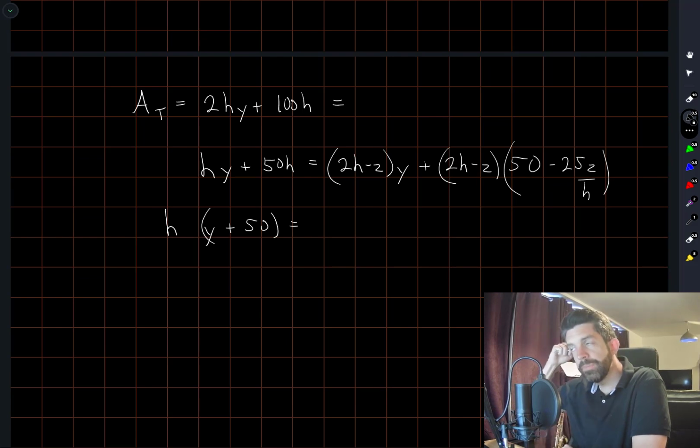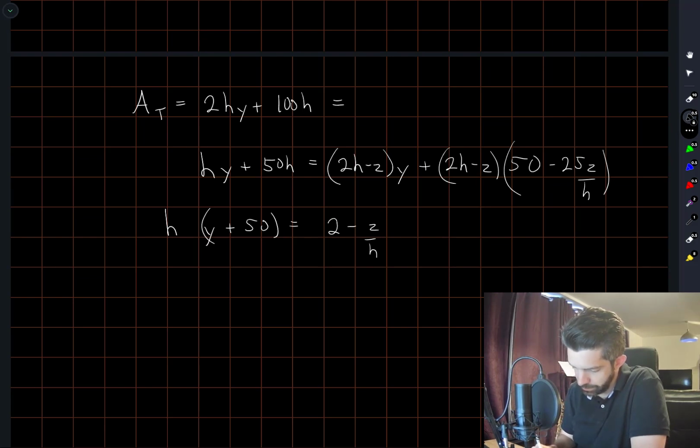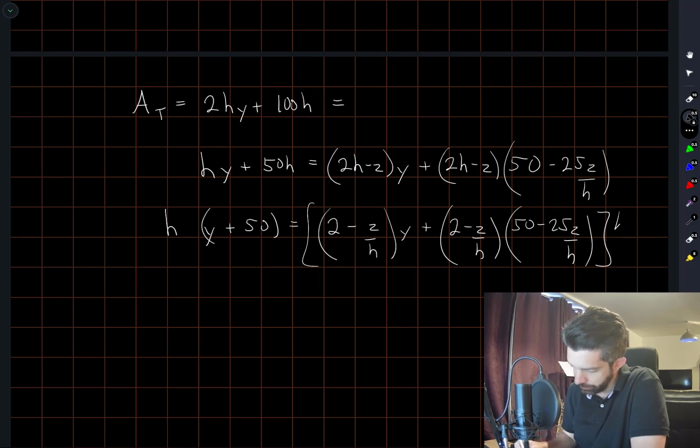Things should be, like we saw earlier, invariant under scaling h. So here I have 2 minus z over h times y plus 2 minus z over h times 50 minus 25 z over h. All of this is multiplied by h, and now we get a cancellation of h.